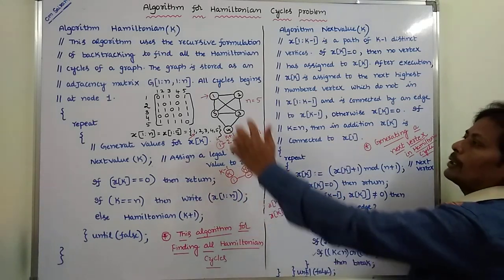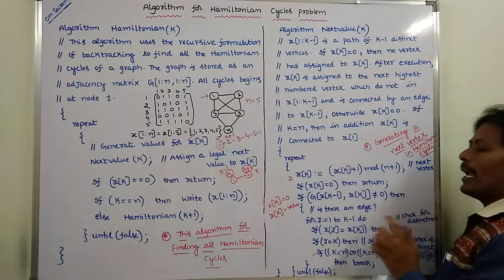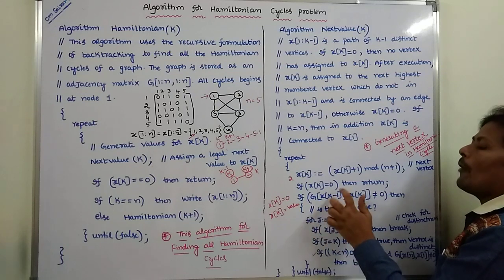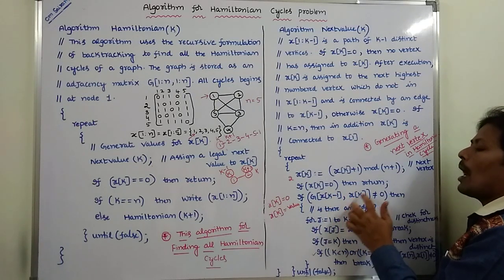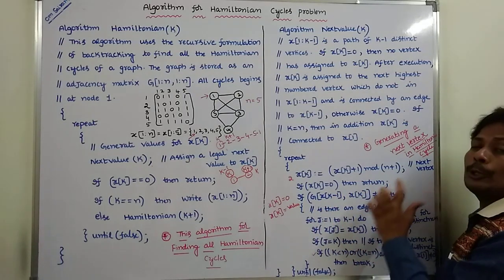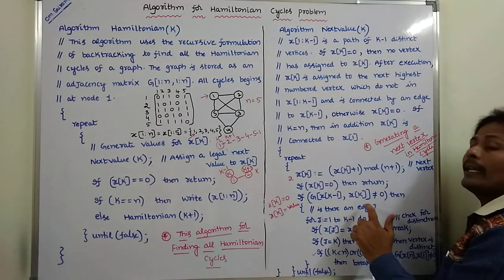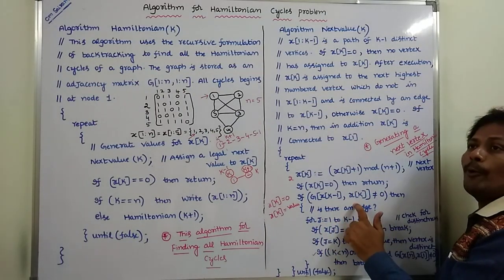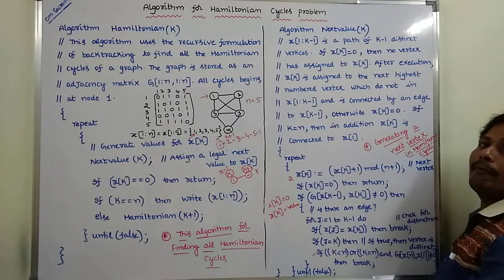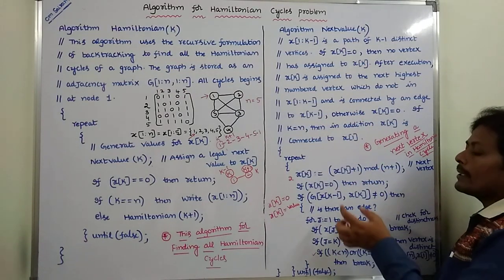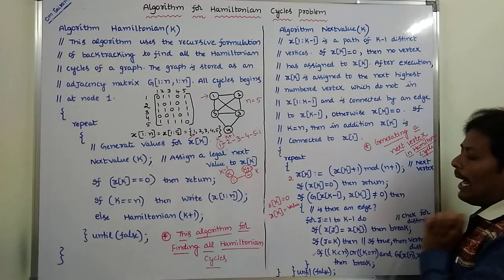Yes, 1 and 2 are connected by an edge. So g of x of k minus 1 comma x of k is equal to 1. Here we have to check whether there is an edge between the next value of k and the initial value of k. Both are connected by an edge.